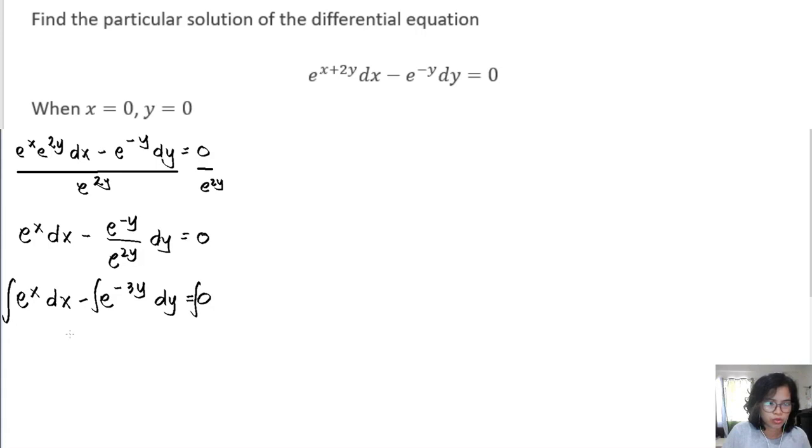Let u be equal to negative 3y, and du would become negative 3 dy, such that our dy would be equal to negative 1/3 du. So this negative 1/3 is our neutralizing factor. So let us substitute these y's into u's.